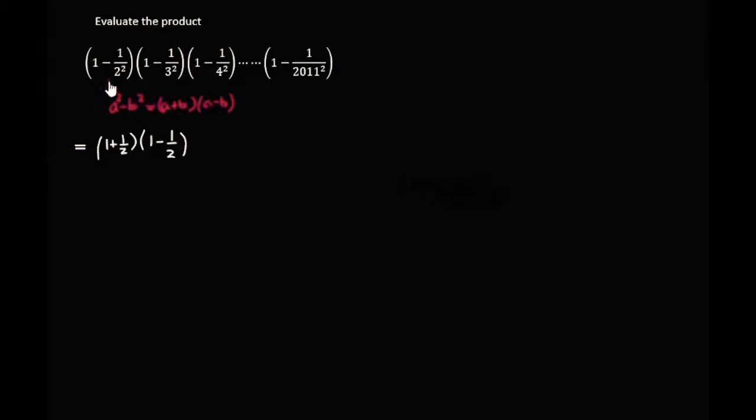The first term finished, and now the next term is 1 plus 1 over 3, 1 minus 1 over 3, and the next term is 1 plus 1 over 4, 1 minus 1 over 4, and so on.